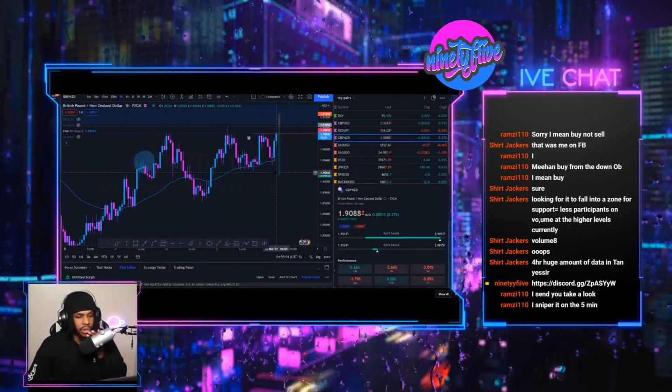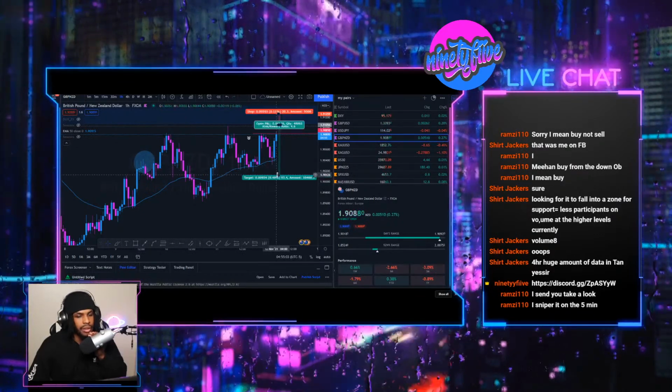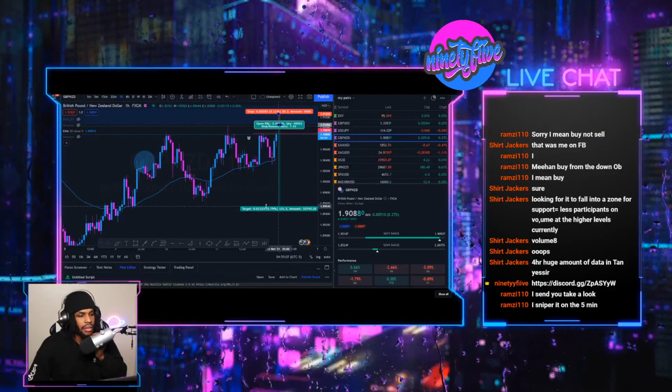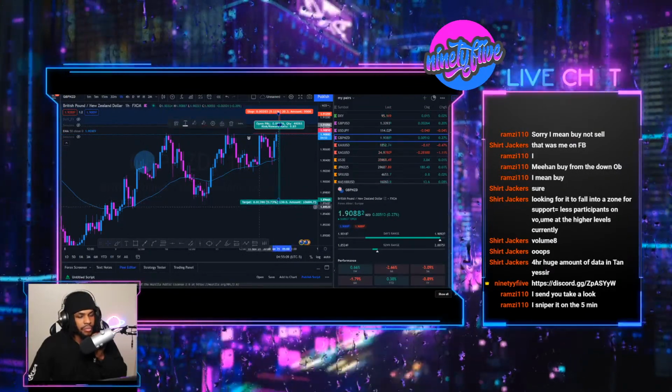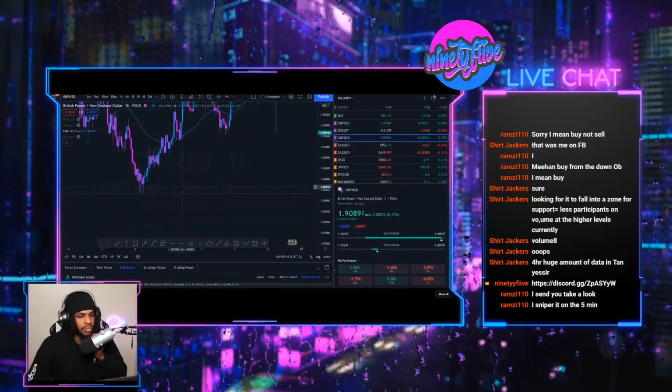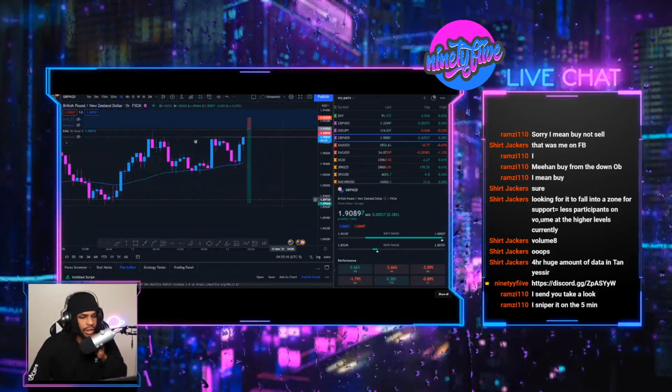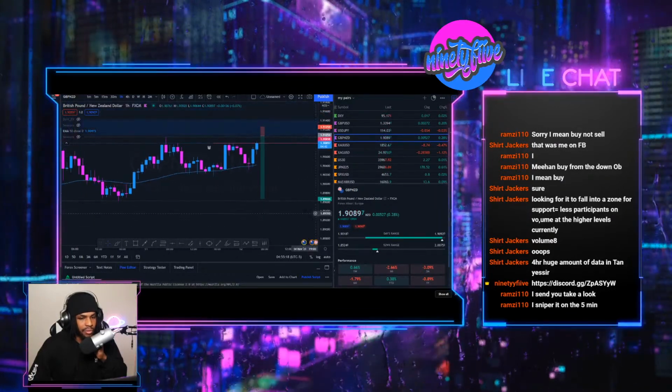Or if you're the type to partial your trade, you can partial it there, and then let the rest of it run to this area. But if you break this low, I see us breaking, or at least equaling this low. But me, I go for at least a 1 to 3.